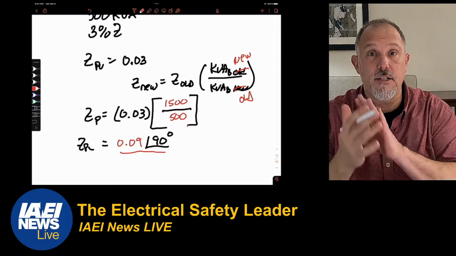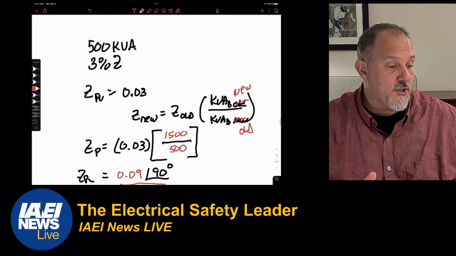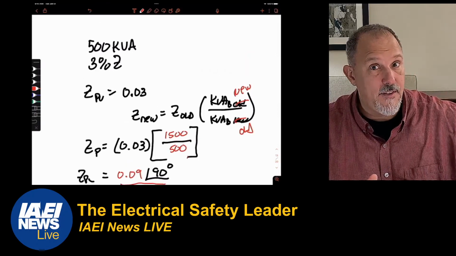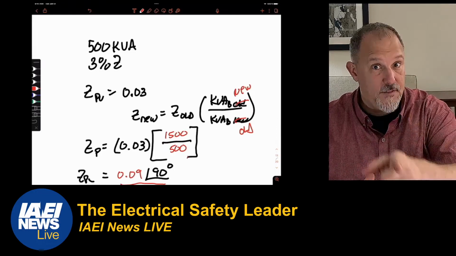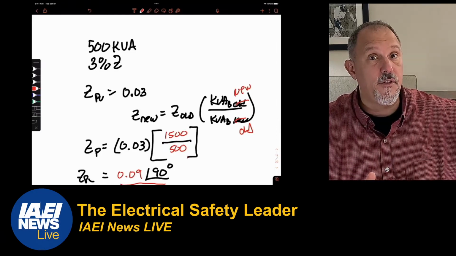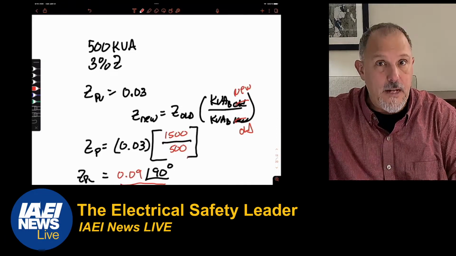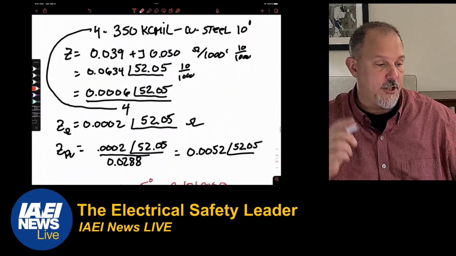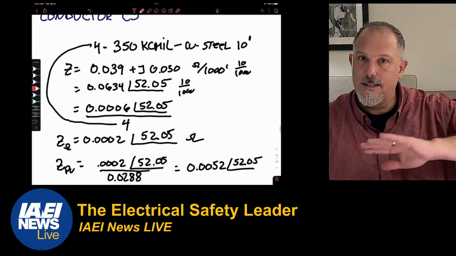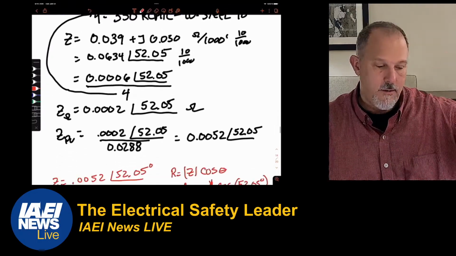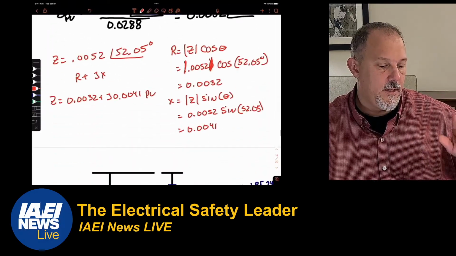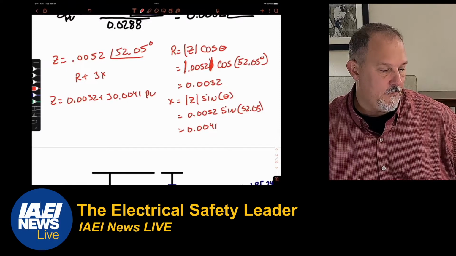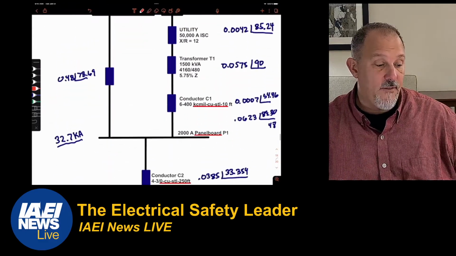That helps us account for that 3% is based upon a 500 kVA base, but we're at a 1500 kVA base, so we have to convert the 3% to the 1500 kVA. We covered that in our last week's session. Conductor 3 is the same as conductors 1 and 2. Same process to calculate my Z. And then we have all the numbers.